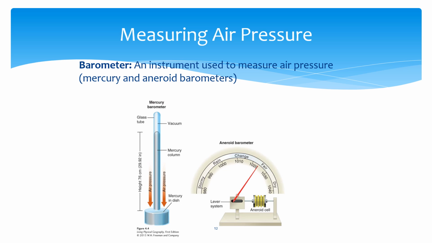Typically, when we report our air pressure, we are going to report it in units of millibars, small mb, or hectopascals, which is going to be written like hPa. Basically, they carry over. 1 millibar is equivalent to 1 hectopascal, at least close enough anyway.